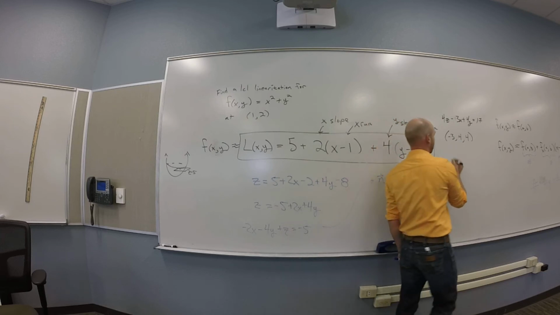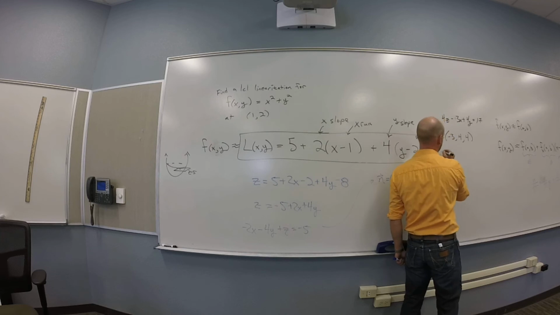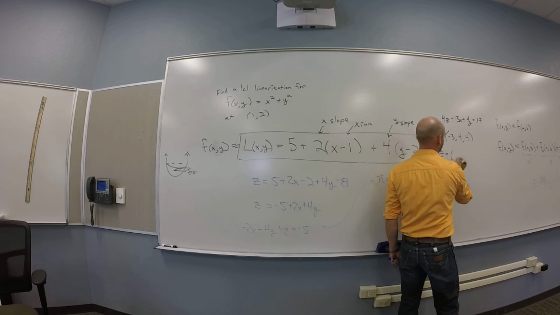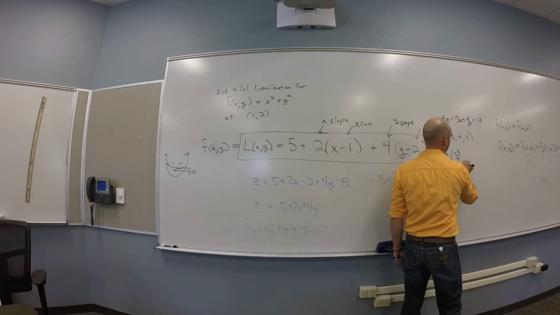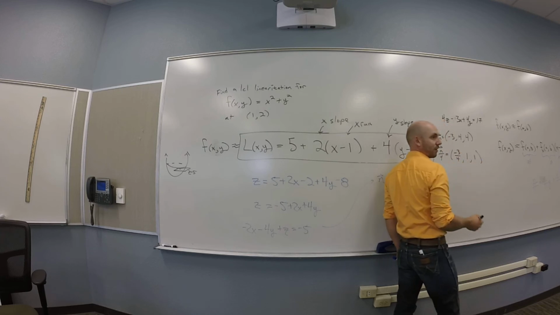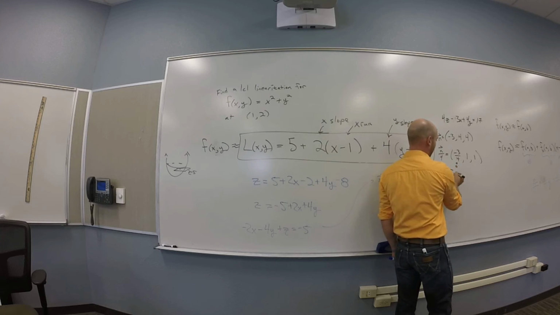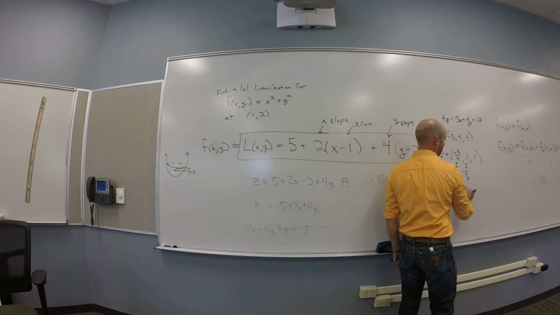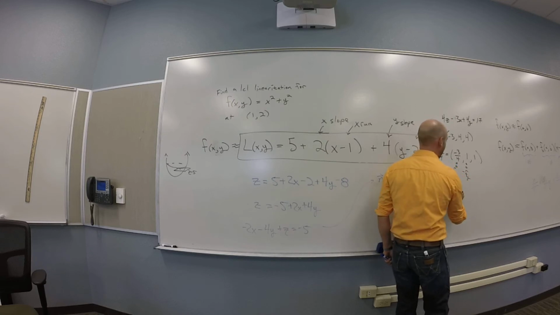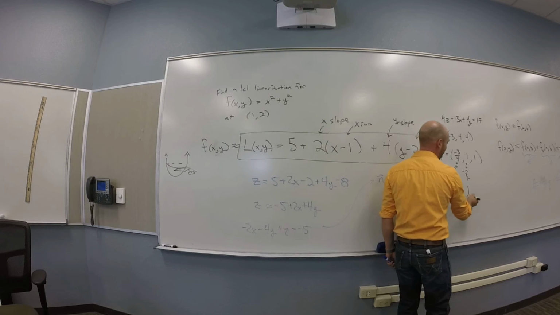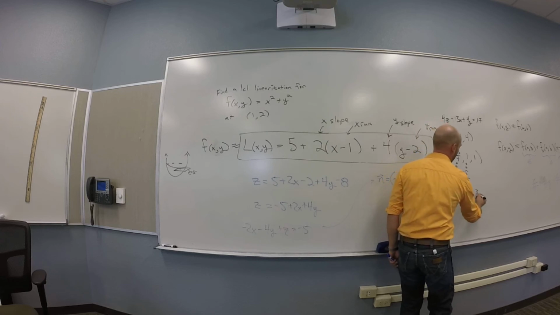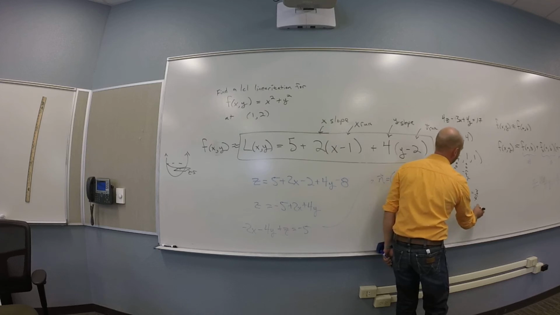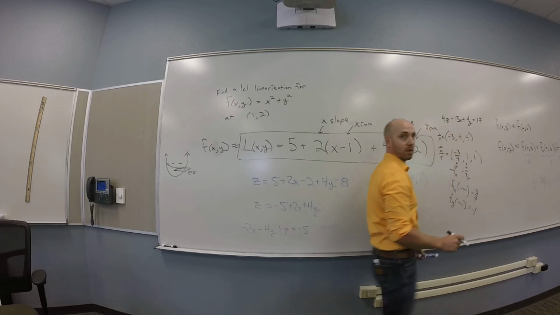So divide by 4. So n over 4 is (-3/4, 1, 1). And this guy's minus fx, and this guy's minus fy. So now I know that my fx at whatever point I'm talking about is 3/4, and my fy at whatever point I'm talking about is -1.